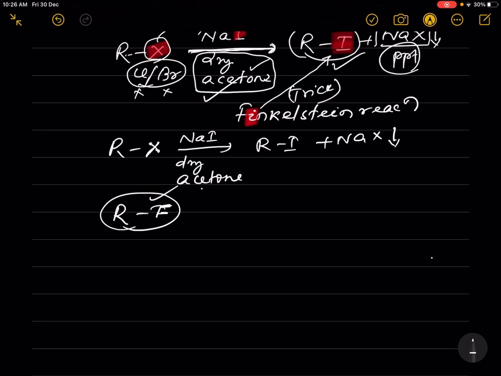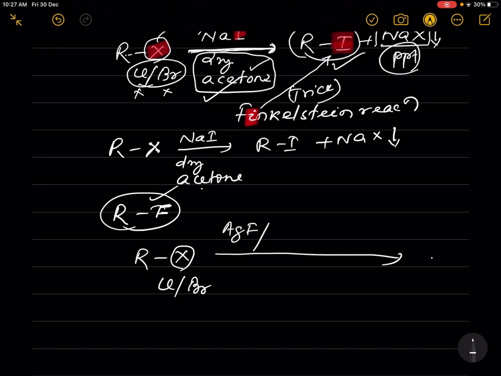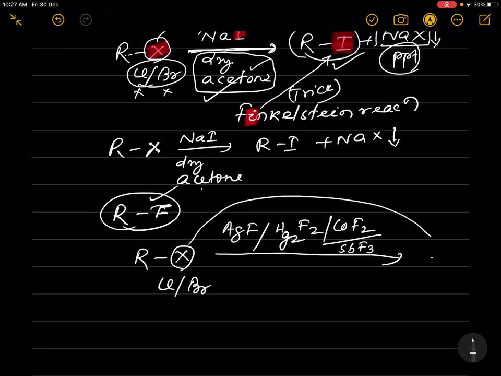You take RX, here X is chlorine or bromine, treat with silver fluoride or mercurous fluoride or CoF2 or SbF3, then this X is exchanged with fluorine, so you will get RF.